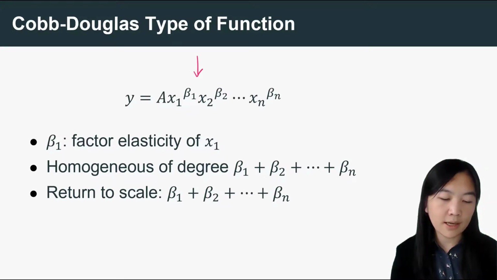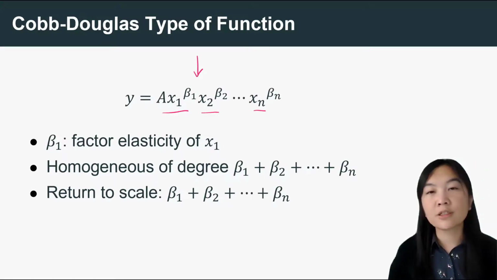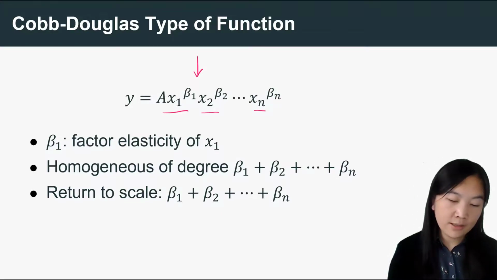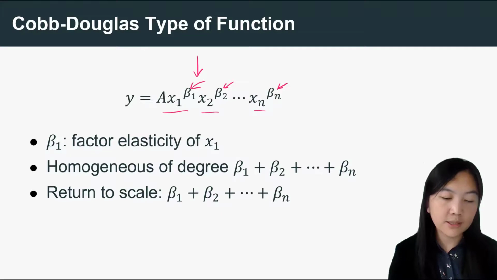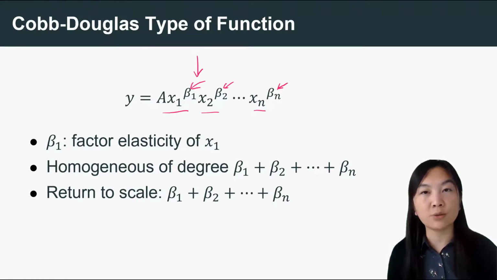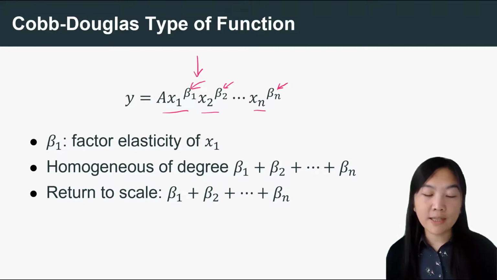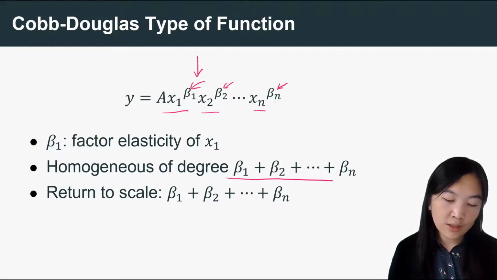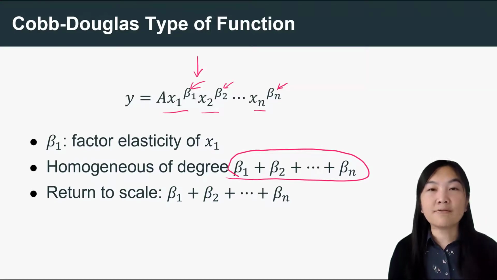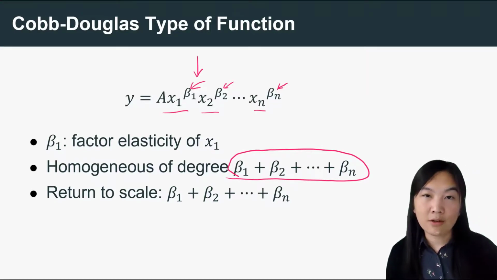First, you can notice here there are more inputs. Instead of only 2 inputs, we now allow n inputs. Another property is that for the exponential terms, there's no restriction that their summation equals 1. For that reason, we are not restricting the production function to be constant return to scale anymore.